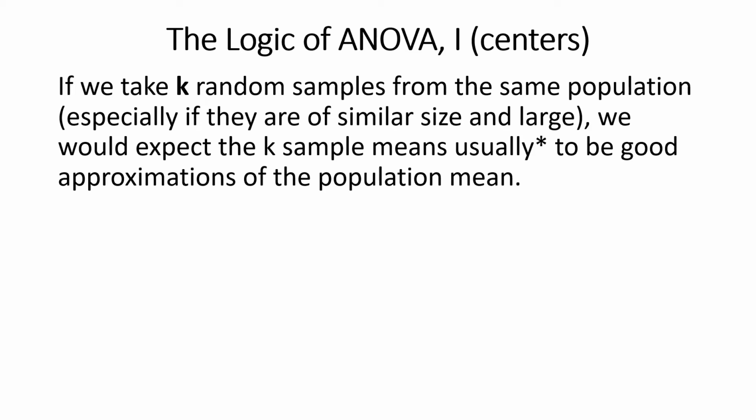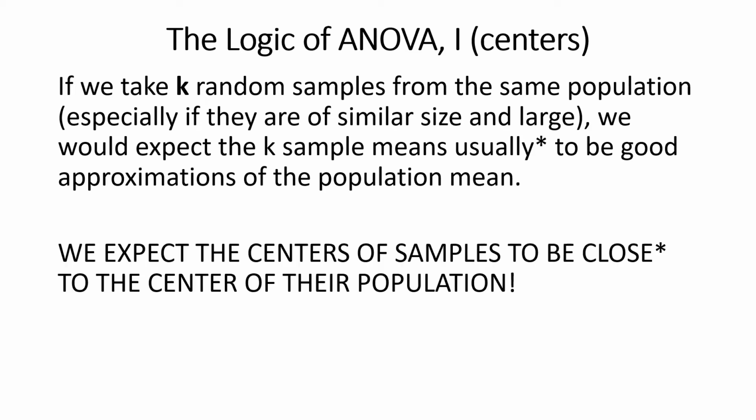So we're not going to go into that right now. So what this means is that we expect the centers of samples, so we expect the sample means to be relatively close to the center of the population that they're taken from. So we would expect our sample means to be relatively close to the population mean of the population that they're all taken from.